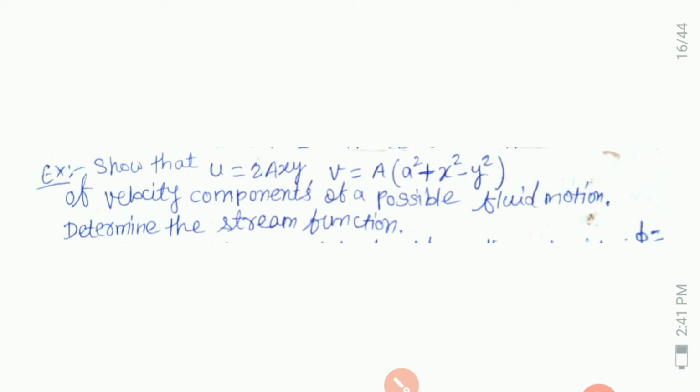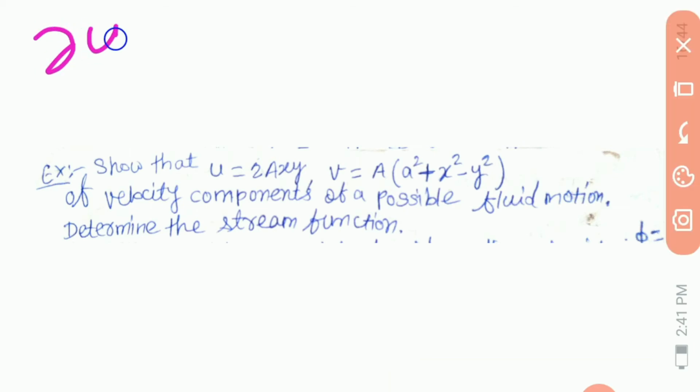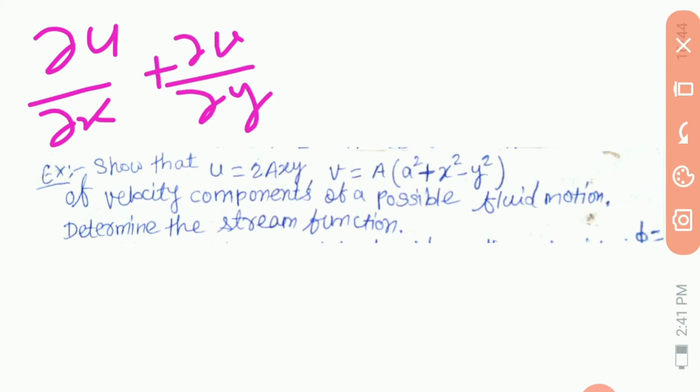Now let's see the solution of this. This will be a possible fluid motion if it satisfies the equation of continuity, that is dou u by dou x plus dou v by dou y is equal to 0.